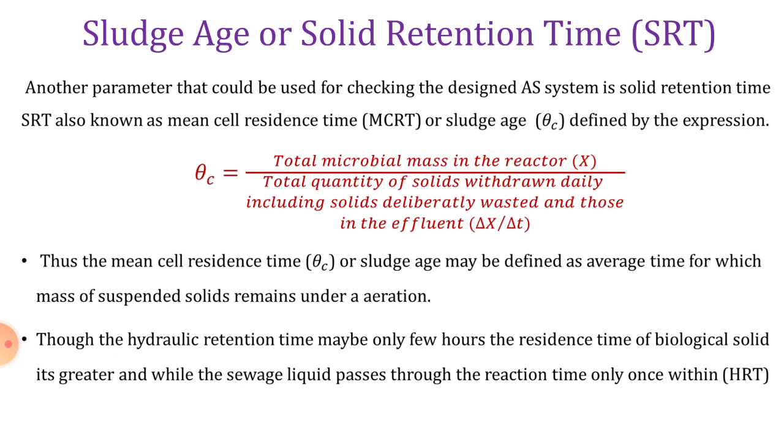It is denoted by theta C. So theta C is equal to the total microbial mass in the reactor X, also written as XT, divided by the total quantity of solids withdrawn daily, including solids deliberately wasted and those in the effluent, which is denoted by delta X by delta t.